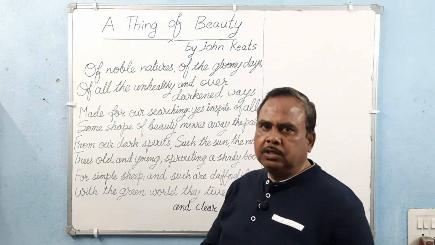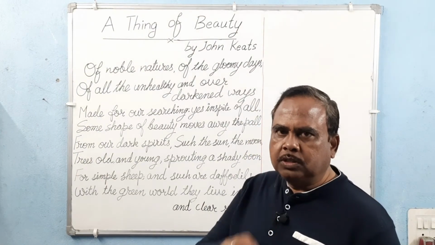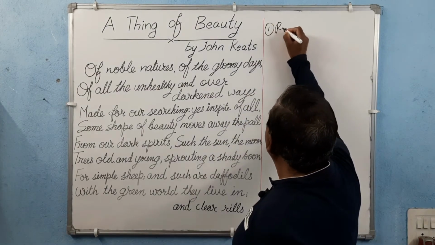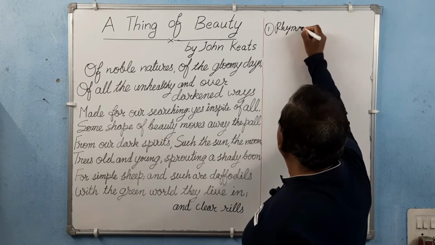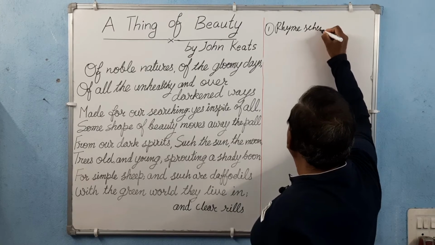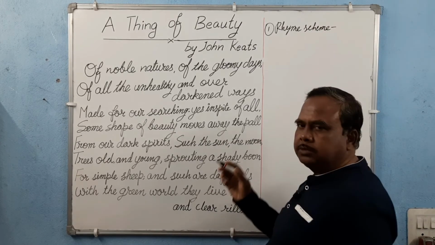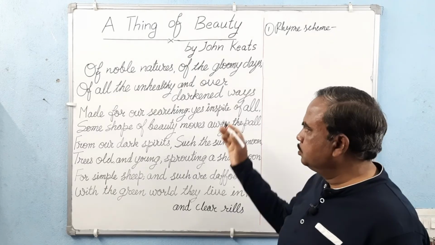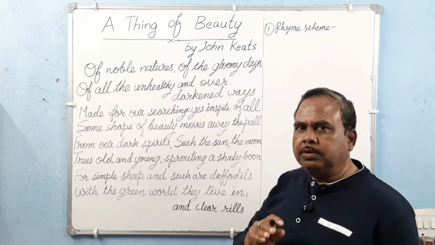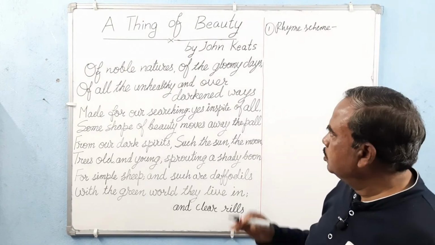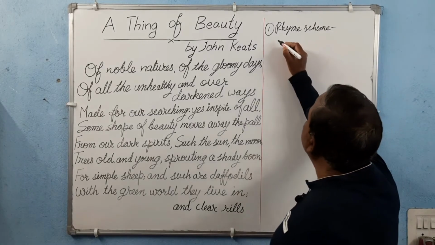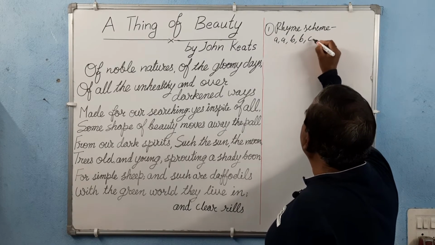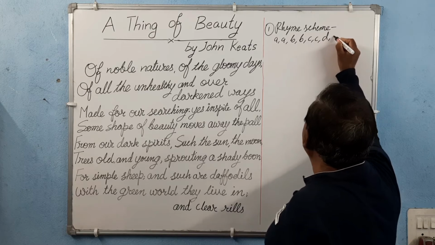Poetic devices in stanza 2. First poetic device is rhyme scheme. Rhyme scheme of this stanza is the same as in the first stanza. This poem is written in rhyming couplets. So the rhyme scheme of this stanza is AA, BB, CC, DD.